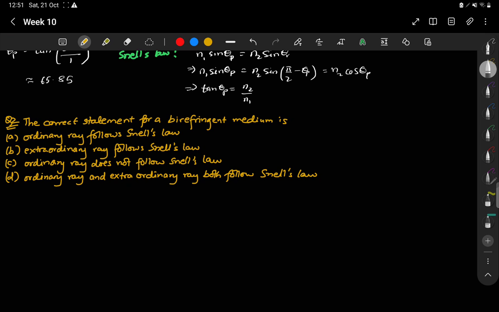So we need to select the correct statement for the birefringent medium. I will refresh and restart the poll.